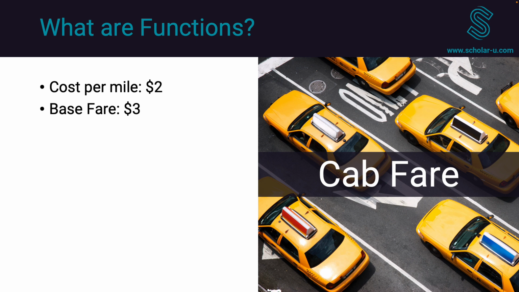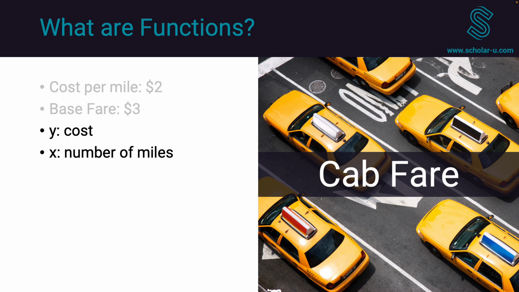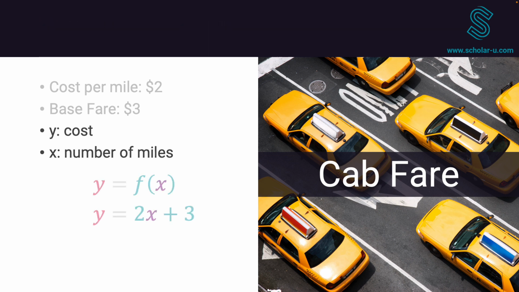Suppose we want to determine the cost of taking a cab in New York City. We know that the cost per mile is $2 and there is a base fare of $3. We want to determine the cost, the dependent variable y, based on the number of miles traveled, the independent variable x.